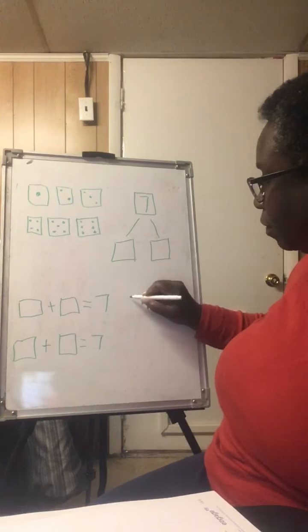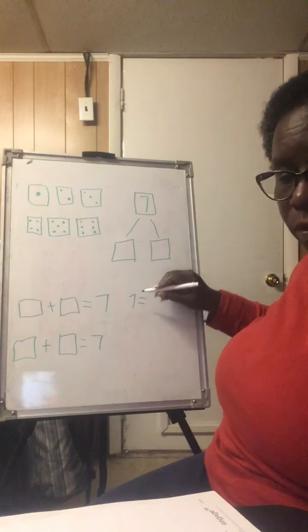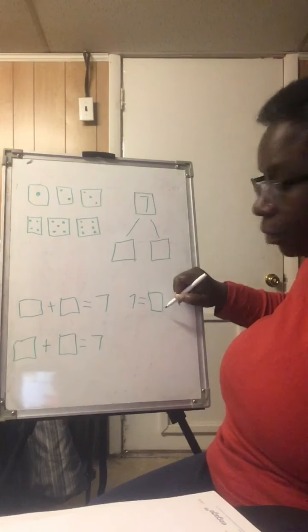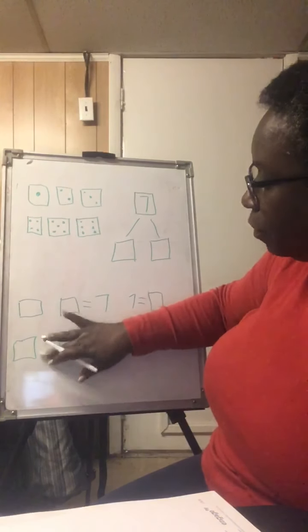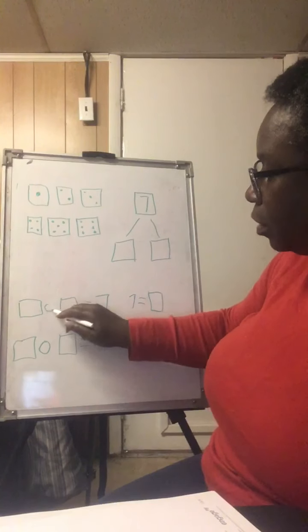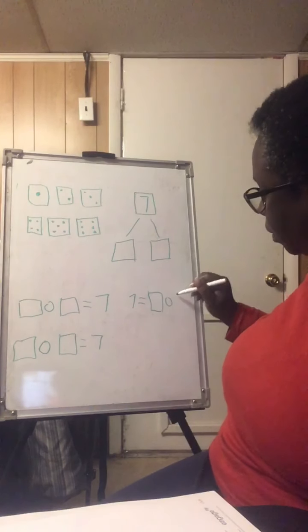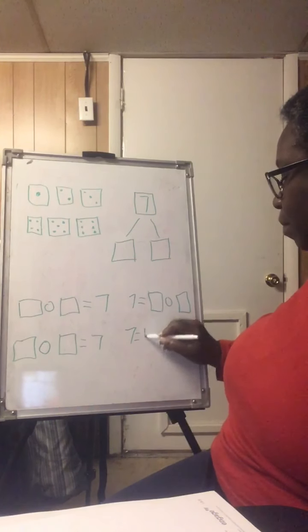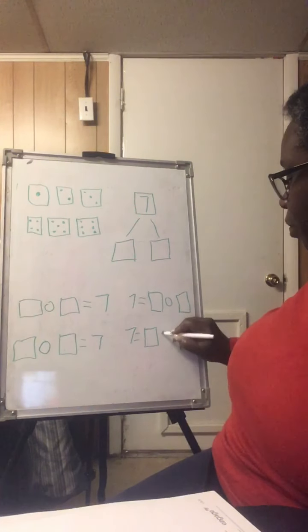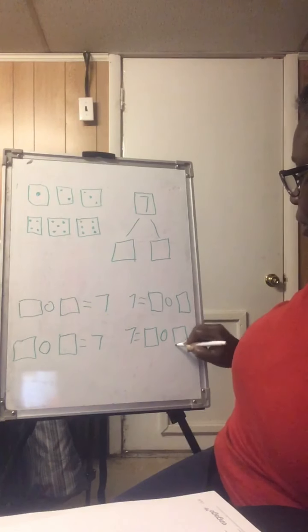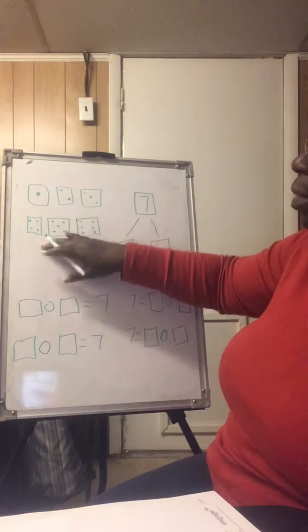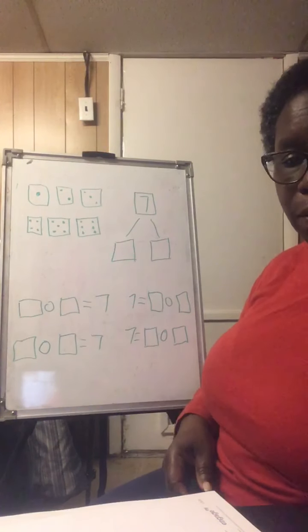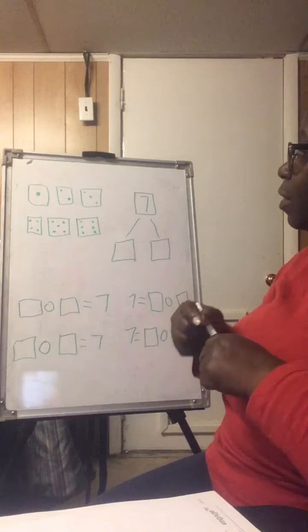Then over here you have 7 equals, well, they didn't give you that. They gave you circles. I'm sorry. I'm giving you the answer. And this is what your problem looked like. So what you're going to do is pick 2 numbers that's going to equal 7. And I like working with these 2 numbers.